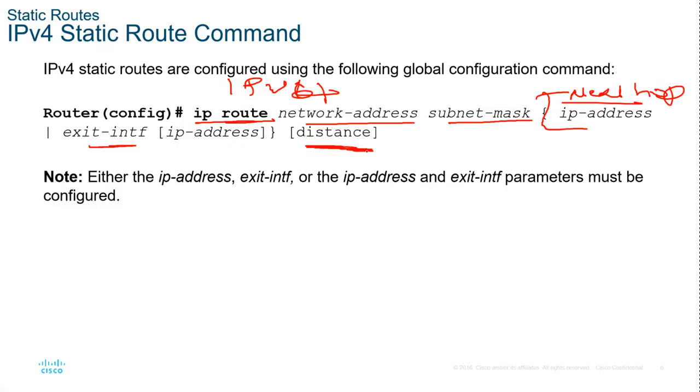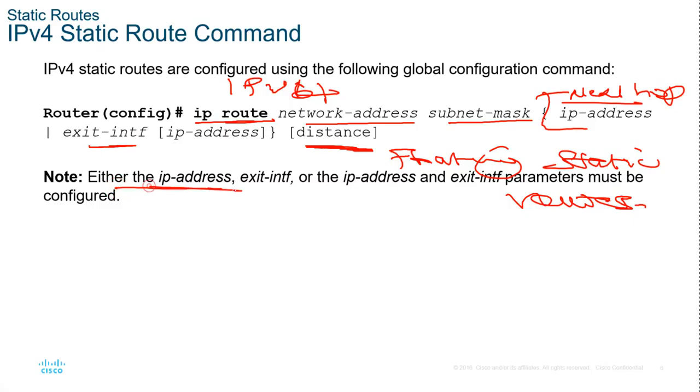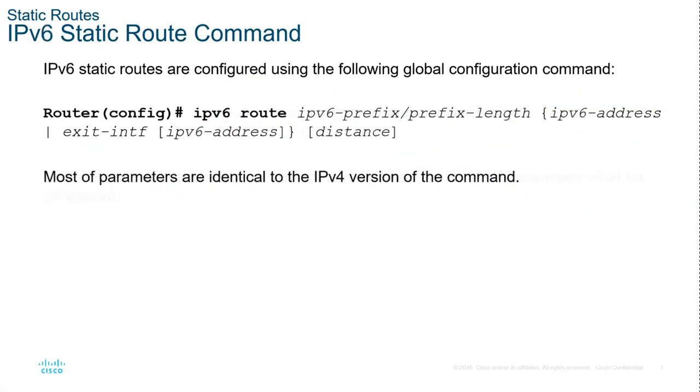Now the distance here is used when you're dealing with a floating static route. Either the IP address or exit interface can be used, or IP and exit interface together. That is fully specified, and then this is next hop, this is directly connected.